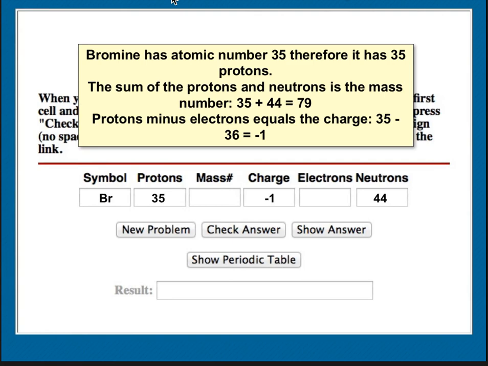If we have 44 neutrons, the mass number is 35 plus 44. That's 79. And finally, if our charge is minus 1, that means we have one more electron than we do proton. We already know we have 35 protons, therefore we must have 36 electrons.